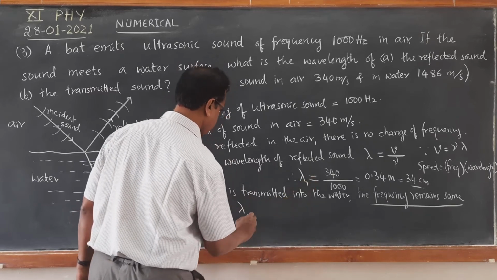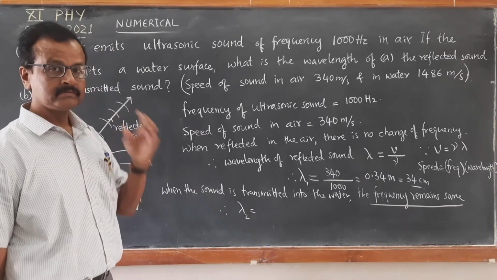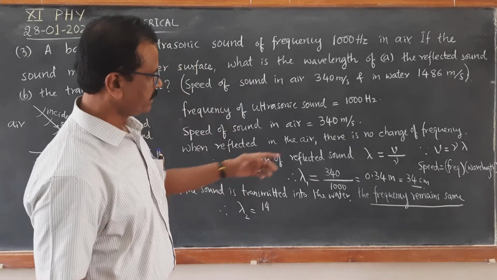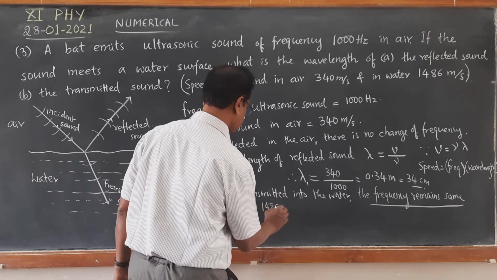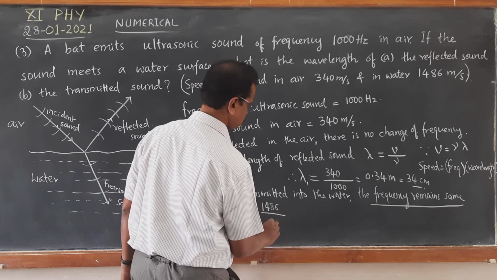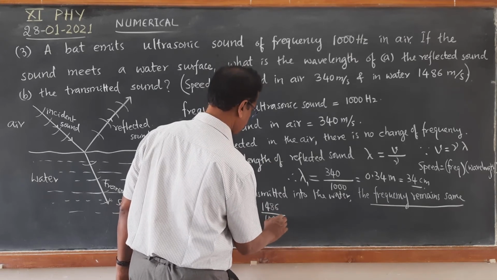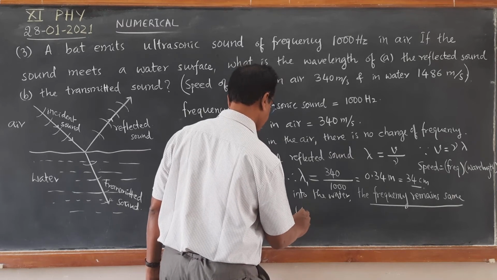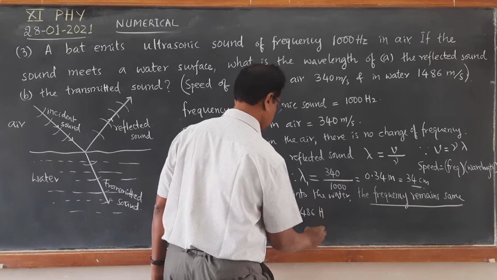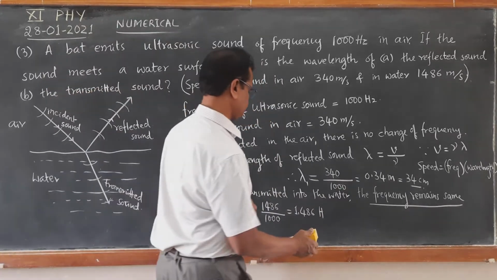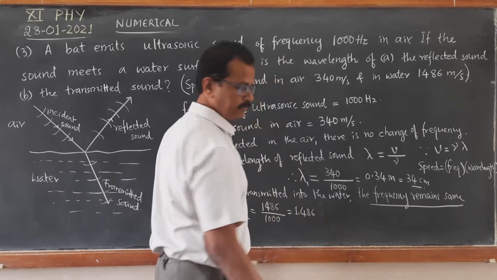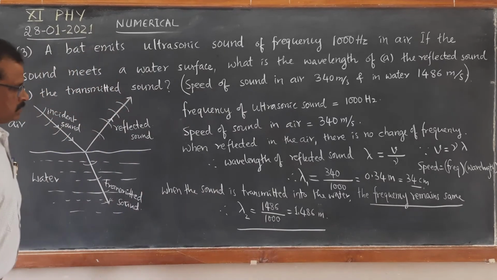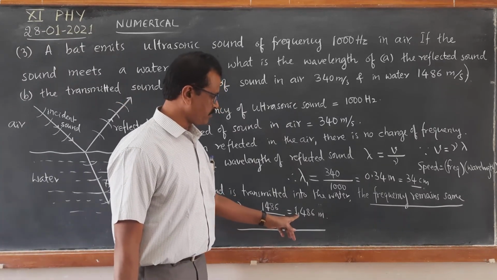Therefore, lambda, you can call it lambda 1, now you can call it lambda 2. Lambda 2, that is wavelength in water, is 1486, again we can write V by nu, 1486 divided by frequency. 1486 divided by 1000, so it becomes 1.486 meter.